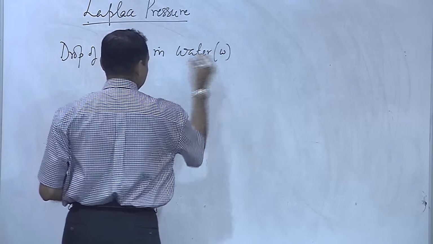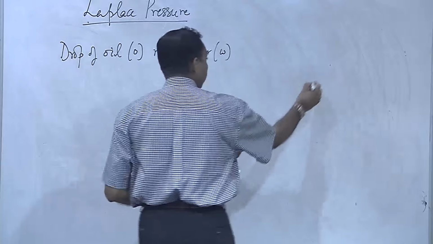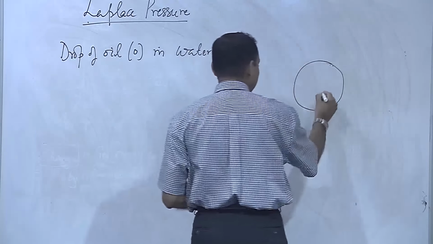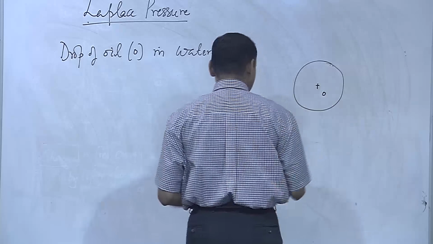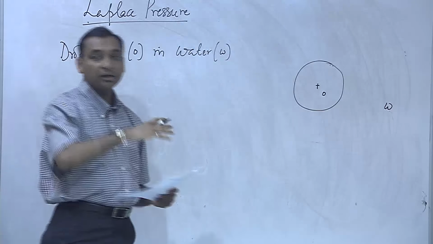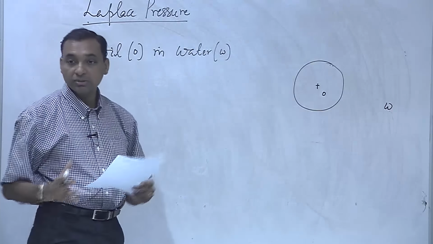So what you have is, this is the oil drop which is in the surrounding water media. And there could be numerous such oil drops to create an emulsion.